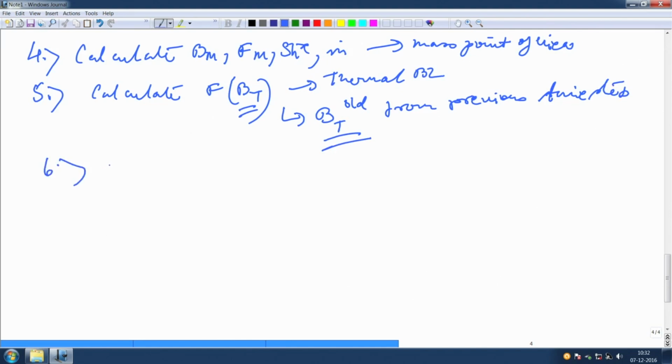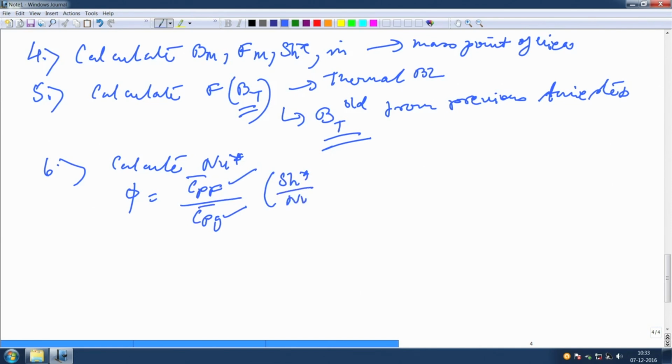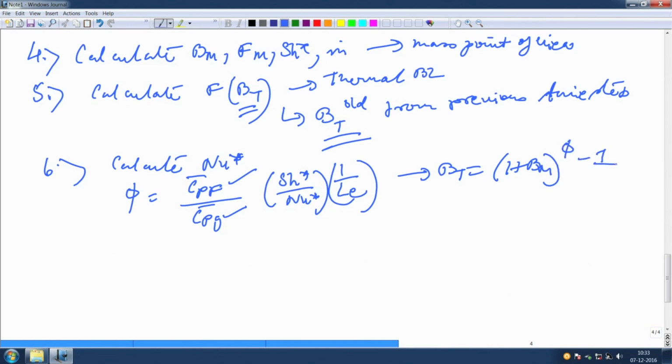Sixth step, calculate Nu star. Nu star is the modified Nusselt number, we covered it in the last class. You also calculate this factor, Sh star over Nu star times 1 by the Lewis number, for the film gas, and use this to calculate BT. BT is 1 plus m phi minus 1, which we already established in the last class.